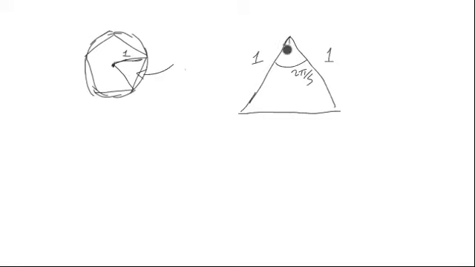Now if we split this in half, and we just look at half the triangle, then this angle right here is actually pi fifths.